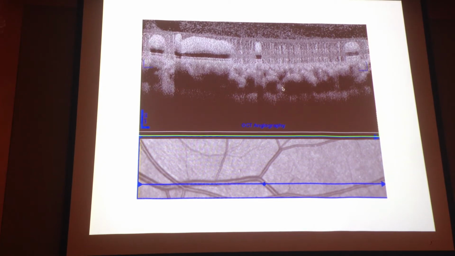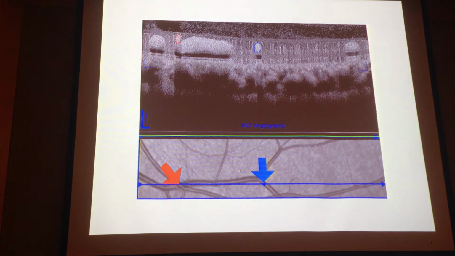Now, which is the artery, which is the vein? You don't know. You get an image that looks similar, so it's impossible, just based on OCT angiography, to decide which is the artery and which is the vein.